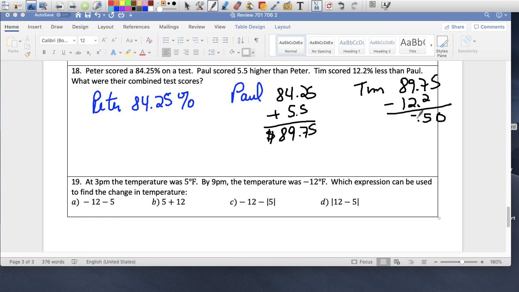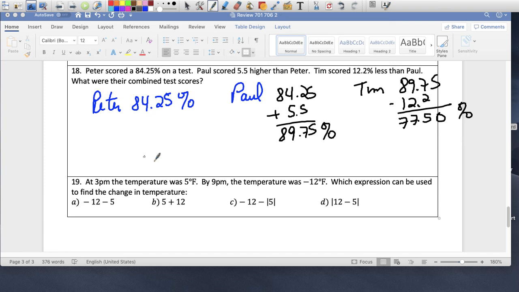So Tim scored a little bit less, 12.2 less. Subtract. So Tim scored 77.55. So what were their test scores combined?